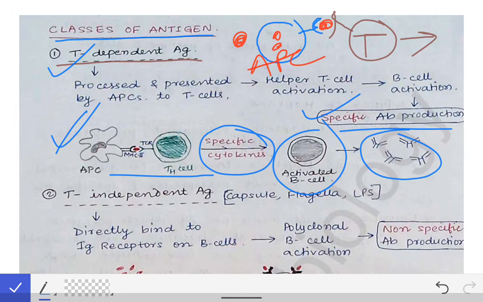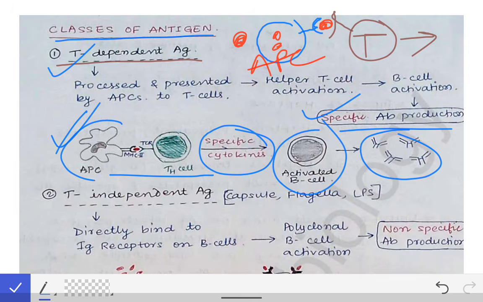Some students are good students, some are rowdy, and some are rich and rowdy students. The good students follow all the protocols. They go via all the channels to reach the headmaster and get their documents signed. So these T dependent antigens are those good students only. They are following all the proper channels to reach the headmaster.